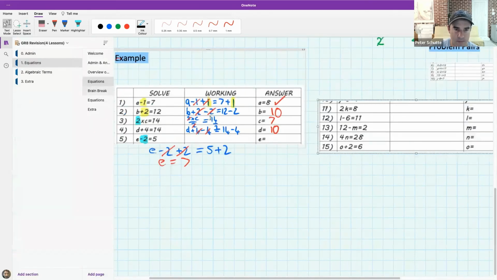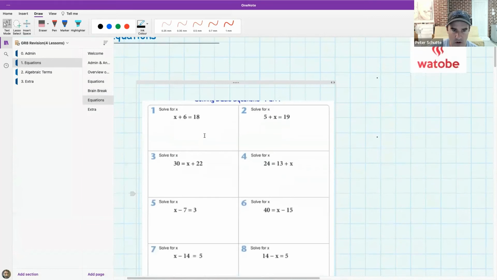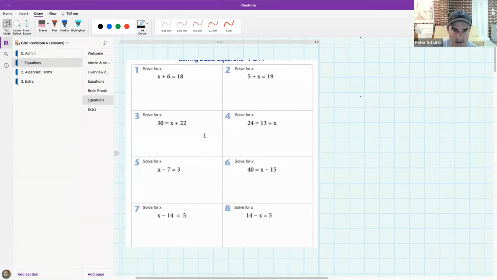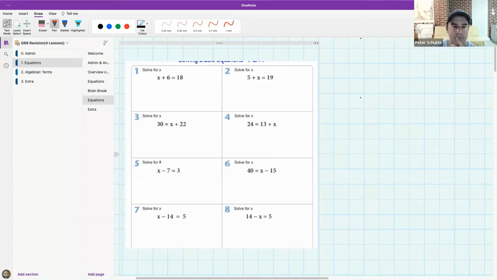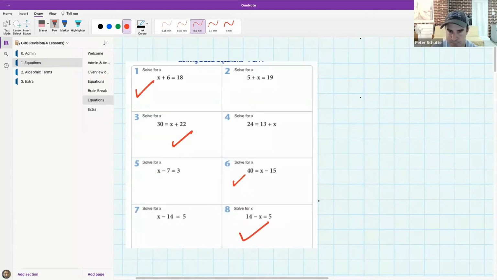If I go to something like this, I would like you guys to try and solve number 1, number 3, number 6, and then number 8. What I want you to do is focus on the opposite process to the number or the operation near the variable. Okay.